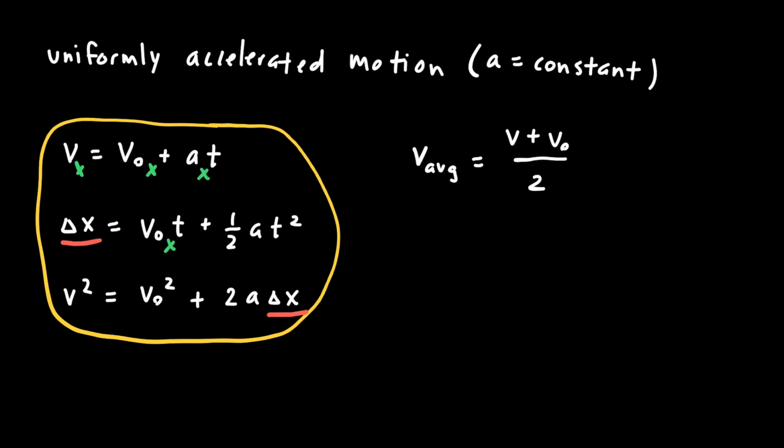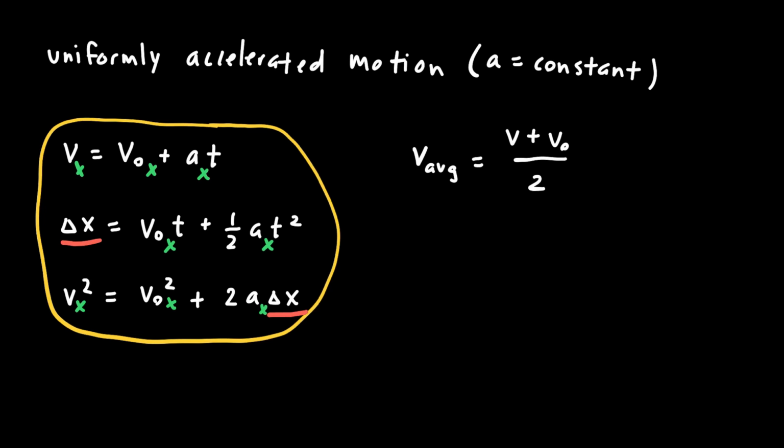And that's because they're doing us a favor to write in all those x's to tell us that these kinematic equations can only be used for one direction or the other. So I can write a kinematic equation for the x direction or the y direction, but I can't talk about the motion in the x direction and the y direction simultaneously. I can only do one at a time.